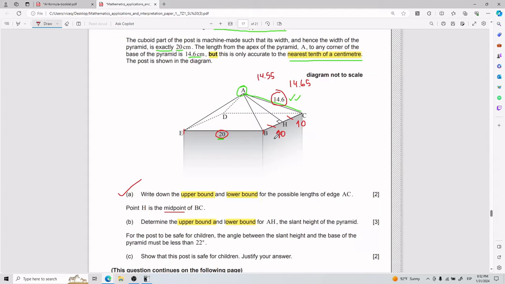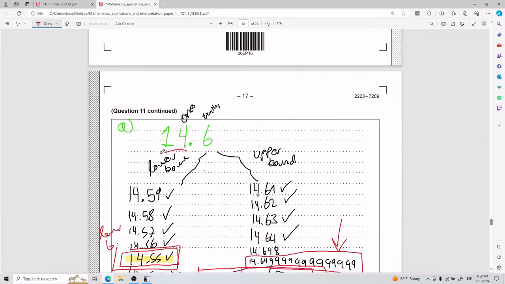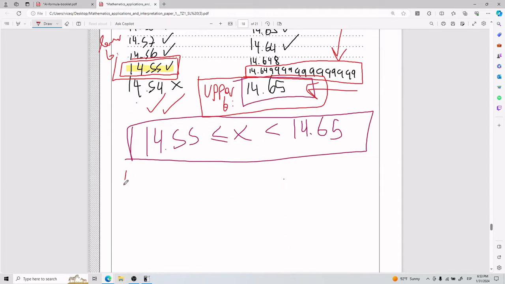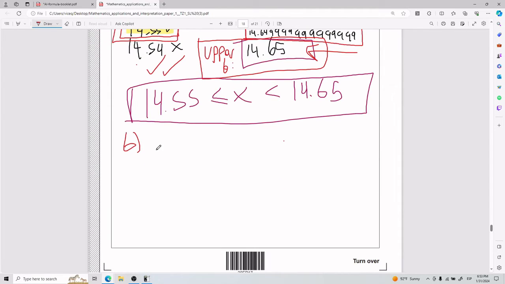And so we need to see how these two versions are going to affect my calculation for finding AH. And so for AH, again, I'm going to end up with two versions. Notice how here I did lower bound and upper bound. I'm going to end up doing the same for part B. So for part B, I'm going to have the lower bound version, and then I'm going to have the upper bound version, okay?